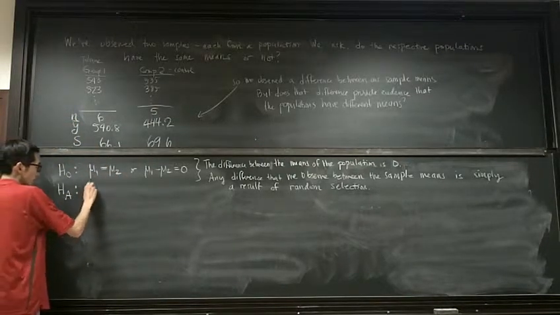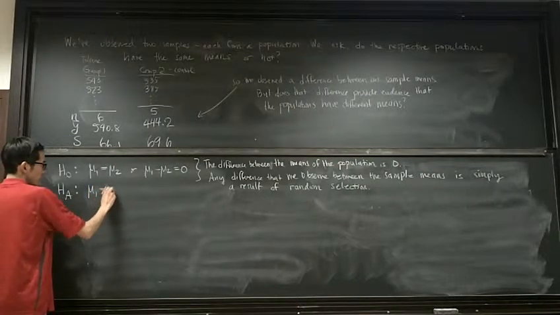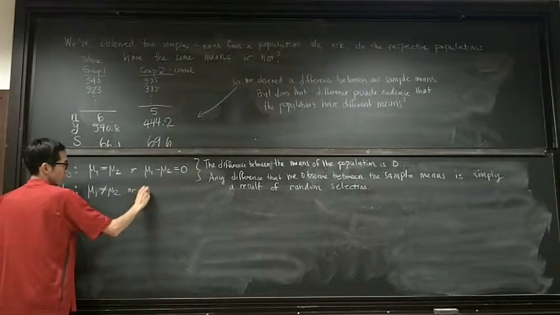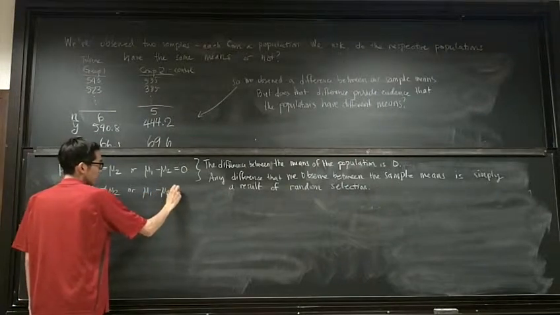And the alternative states that mu1 doesn't equal mu2, or equivalently, that the difference between these two things is not 0.